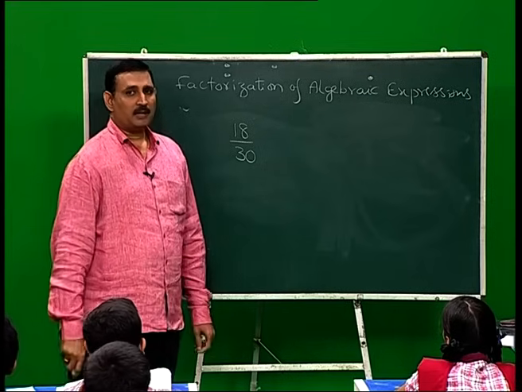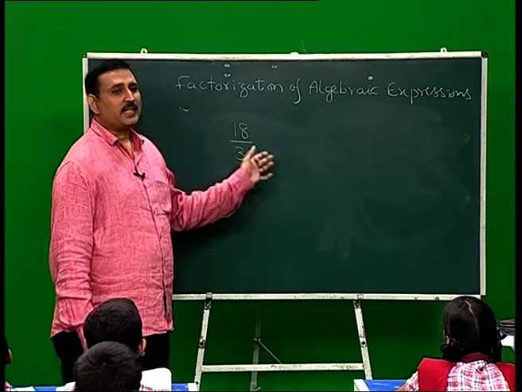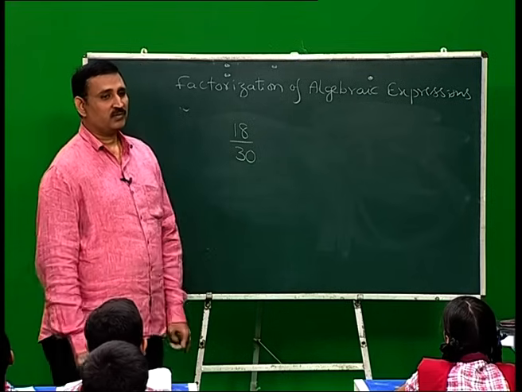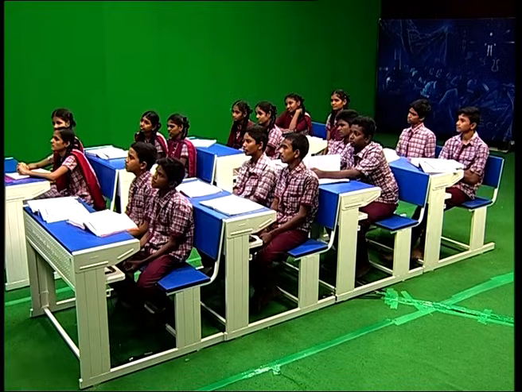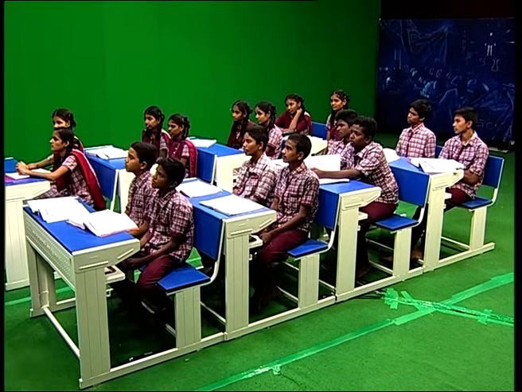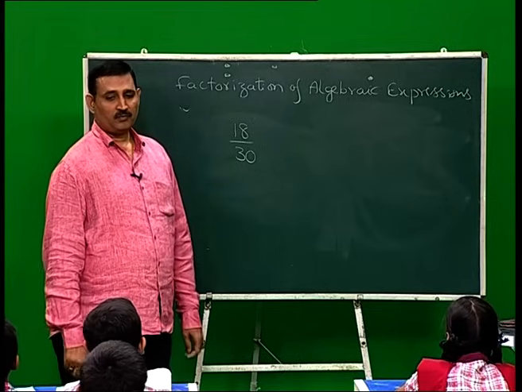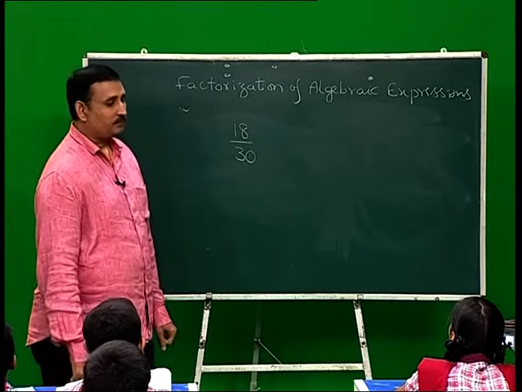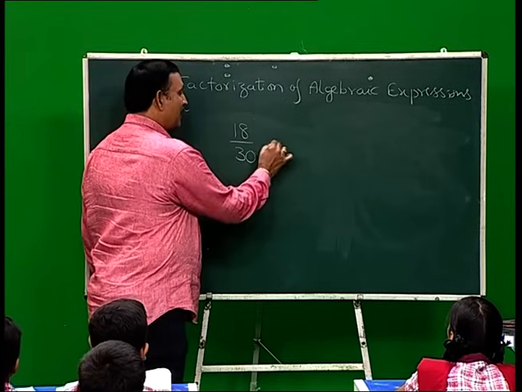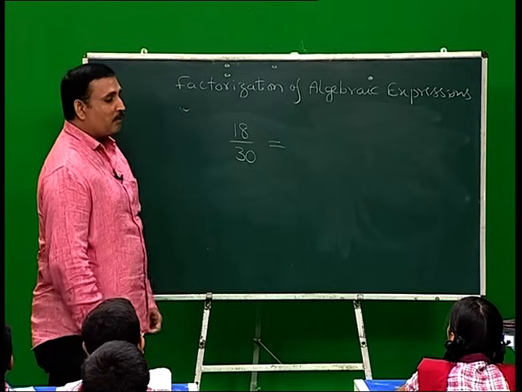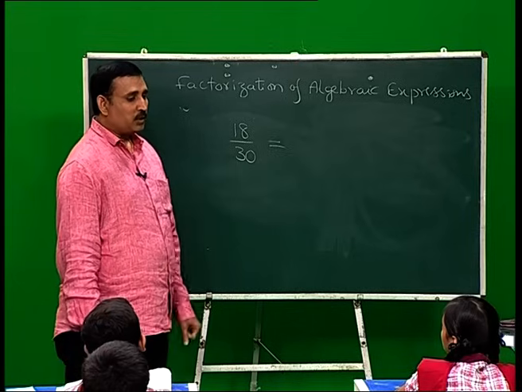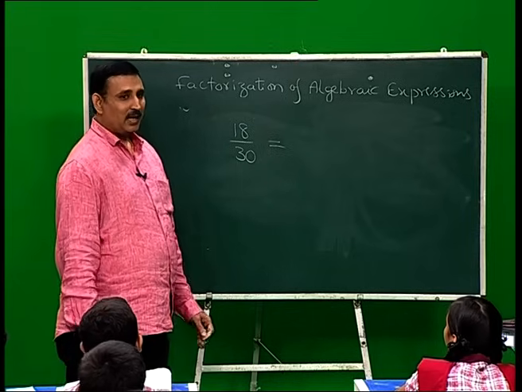This is a fraction. I asked you to express it in the simplest terms. Simplest terms means the smallest fraction form. How do we do that? By cancellation. What is the number that is cancelled in both? 6.